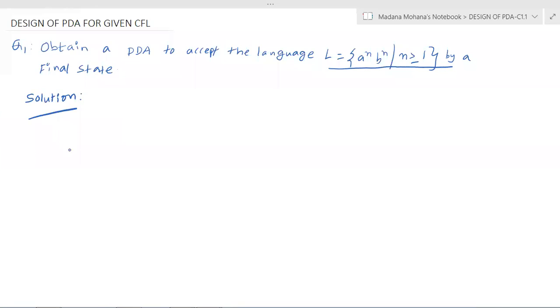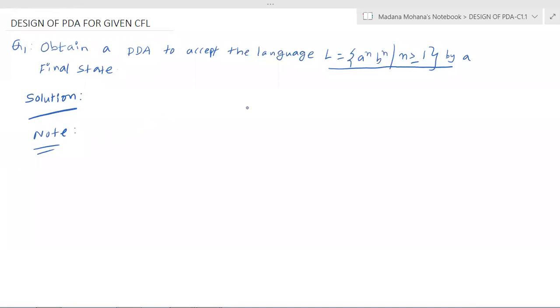Okay, now come to the solution. Like any language will be given, language to language, our logic is changed. So here we don't have a standard procedure or method for construction of a PDA for a given context-free language. So here you can observe, first let us study the language, what it contains.